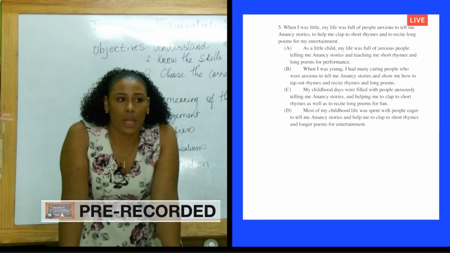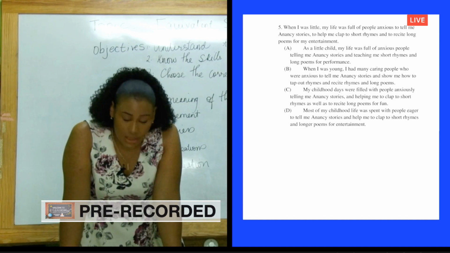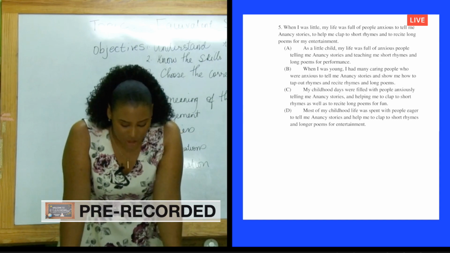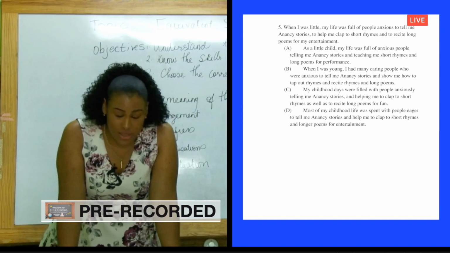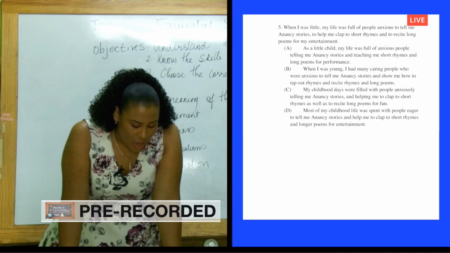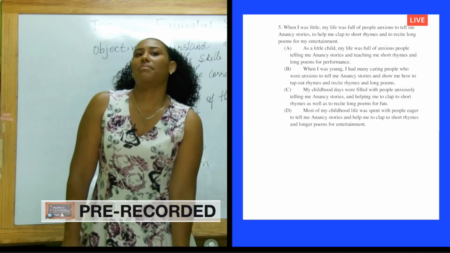B, did you realize that there was a difference in the word anxious as well? In option D, did you realize that that qualifier, most of my childhood, was not expressed in the original? It simply said, when I was little.